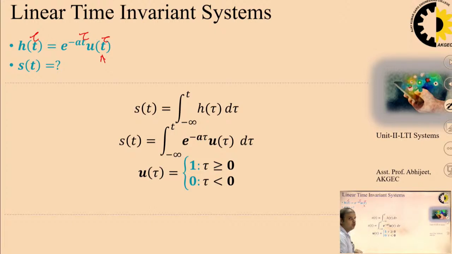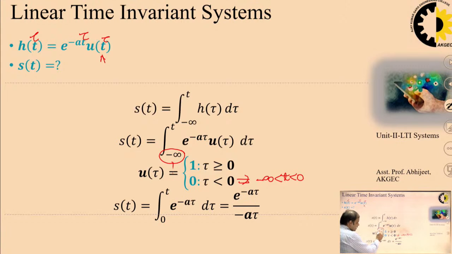If it is so, I can use this in the limits, which means from minus infinity to 0 we have 0. This means from minus infinity to 0 there is nothing. It is 0. So I can change the lower limit from minus infinity to 0.